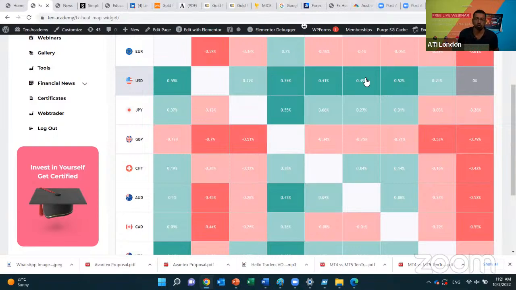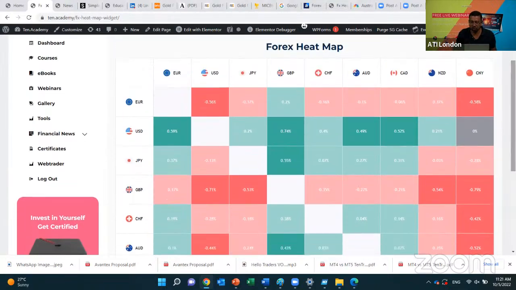So there are a lot of tools coming into the picture, but as we can see on USD, it is still proving that it is on the upside, and we have USD against GBP that seems to be quite strong.